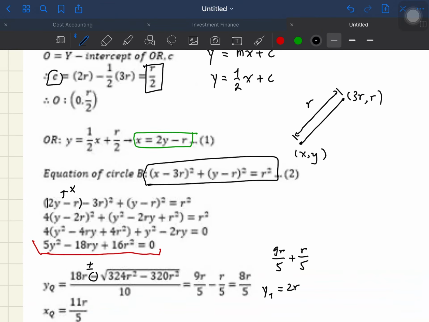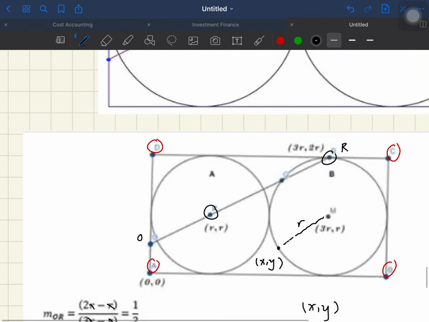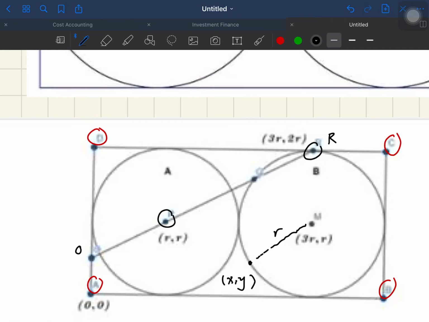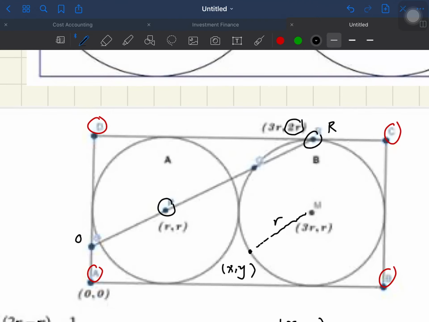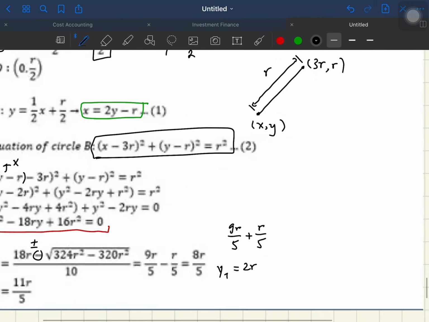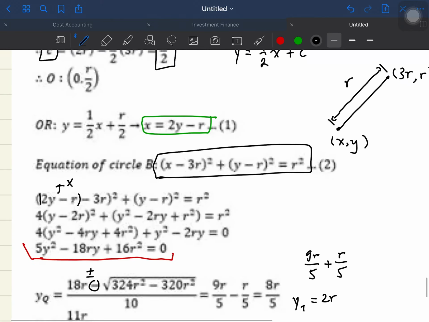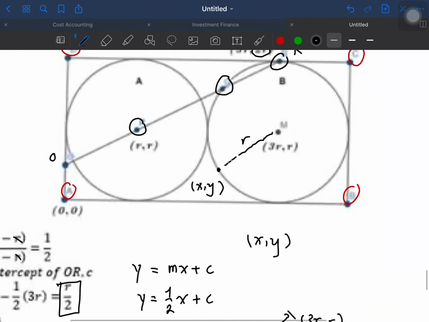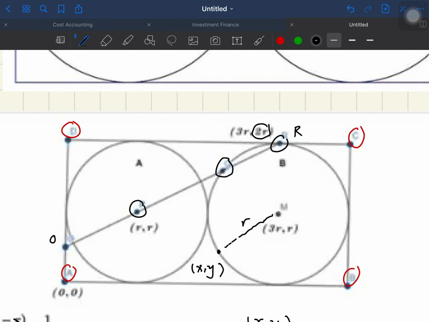You might notice that this is the 2r I'm referring to, which is the y coordinate of r. So we do not use the 2r, but instead we're looking for the coordinate of q. And that's the reason why we set the equations of 1 and 2. And hence we can get the coordinates of q.